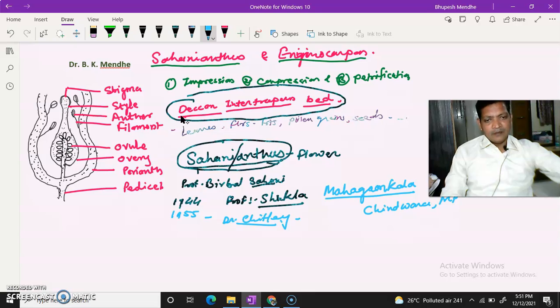But the name Sahanianthus was given by Professor Shukla, in memory of Professor Birbal Sahni's contribution to paleobotany. He named it Sahanianthus.